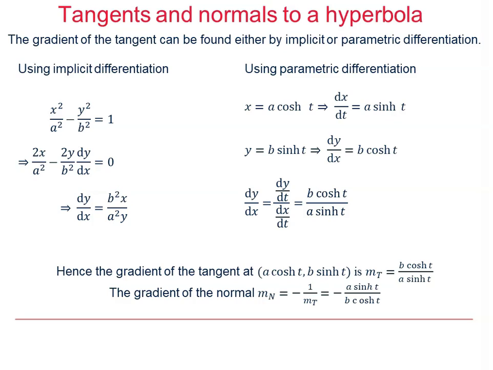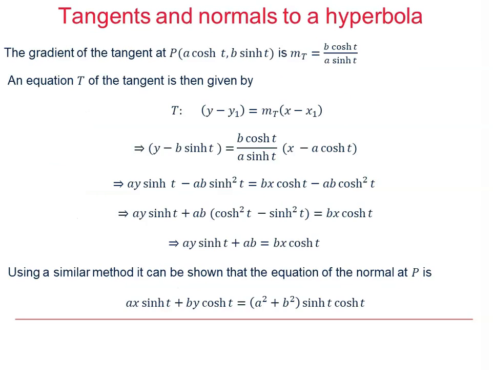So we can use these expressions to look at the actual equation now that we've got the gradients. The straight line equation is y minus y1 equals gradient multiplied by x minus x1. We're simply substituting the expression for the tangent into that and then rearranging to give us the expression at the end of that.